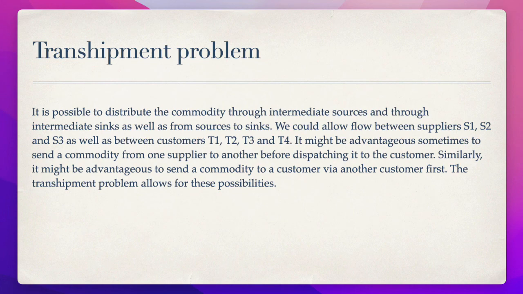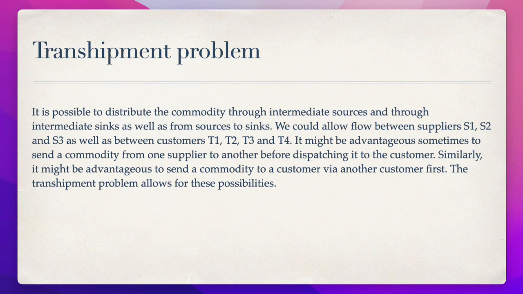But in some cases we can ship from supplier to one customer first, and then use that customer as transshipment. We ship from supplier to an intermediate customer, and then send through that customer to other customers. So it's kind of a distribution of our product through the network.